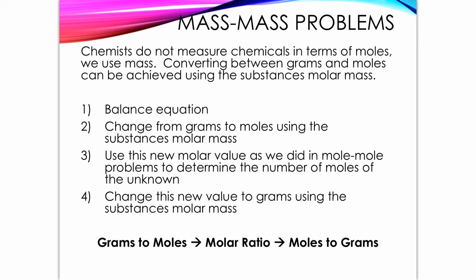Once you do that, you have moles of your want material, and you're just going to convert that back into grams using that material's molar mass. So basically, you're going from grams to moles, using the molar ratio to go from one material to another in the balanced equation as far as moles, and then moles of that new material back to grams.